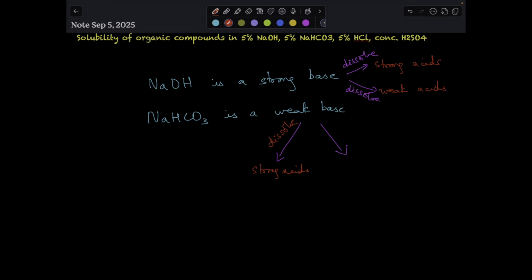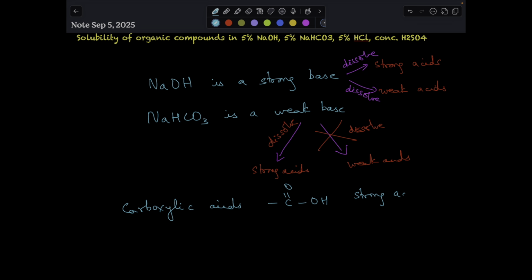So, in organic chemistry, carboxylic acids are strong acids. COOH is a strong acid. Phenols are weak acids. A benzene ring with an OH is a phenol, and this is a weak acid.